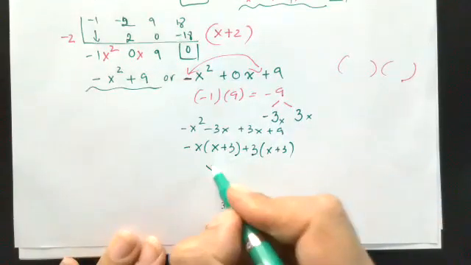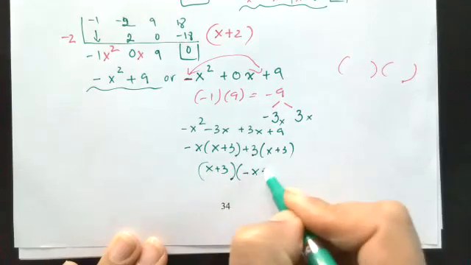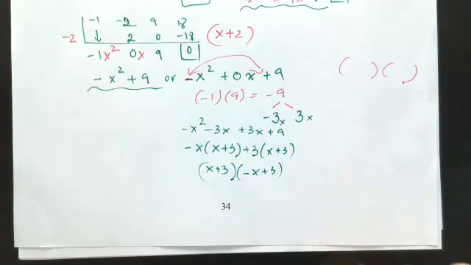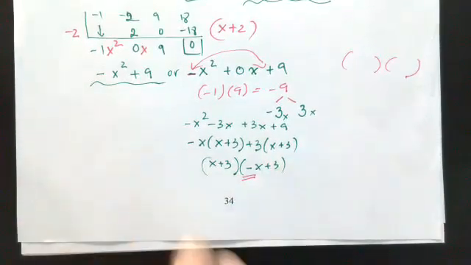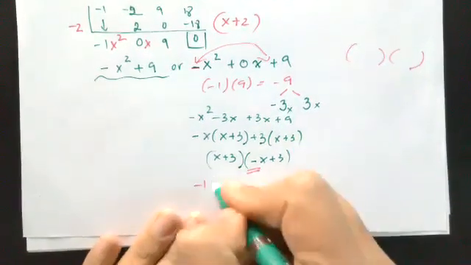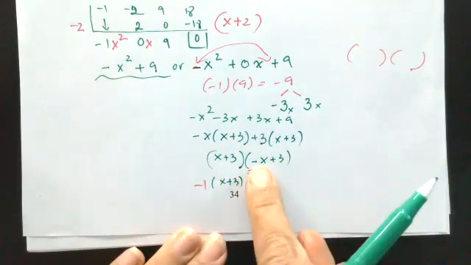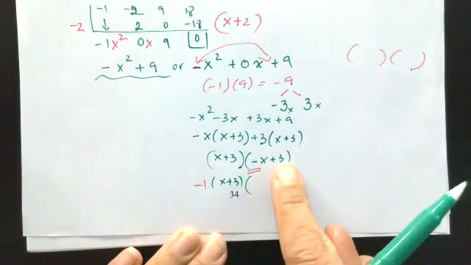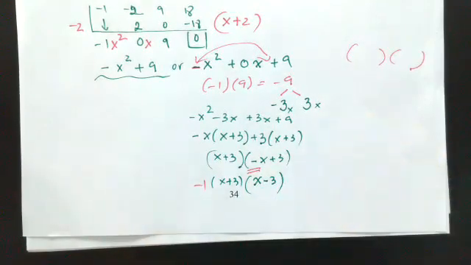And then x plus 3 is the common factor, -x plus 3. And I can also factor out this negative out in front. So we have a -1. X plus 3 stays, but I'm taking out the -1 from both of these terms. So I would get an x there and -3.